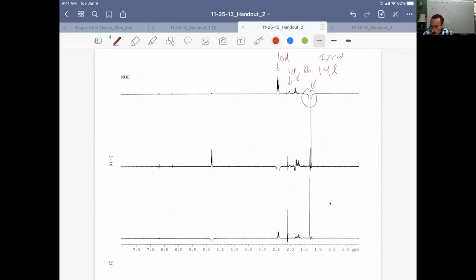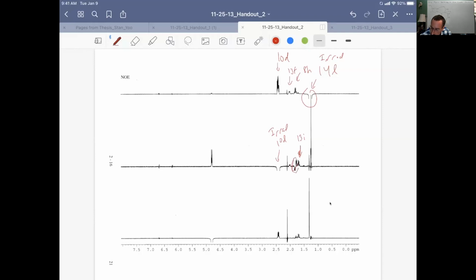And then over here, I'll draw this all out in a second. Over here, we hit 10D. And we get a little bit of enhancement of 13I. Now, you may wonder what's going on over here.